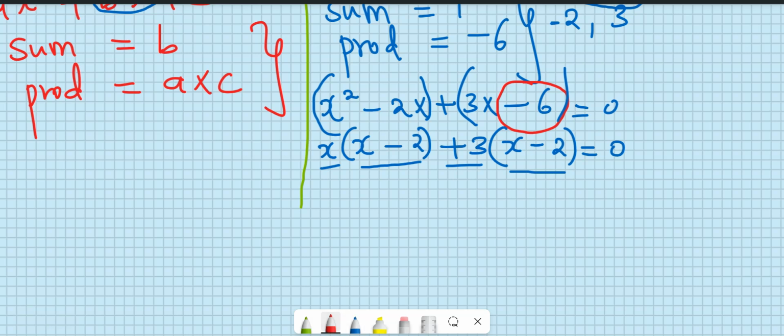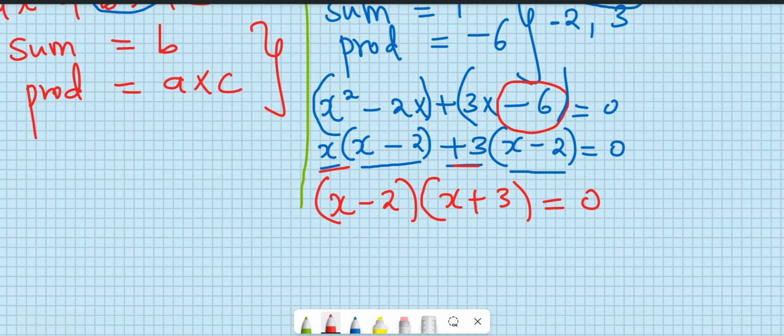So the unit in the bracket is x minus 2, multiplied by x plus 3 equals 0. Then you have factored them. That's why it's called factorization. You're trying to get the factors, so you've factored them.